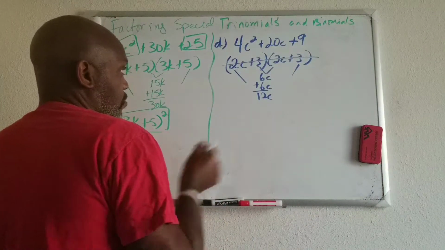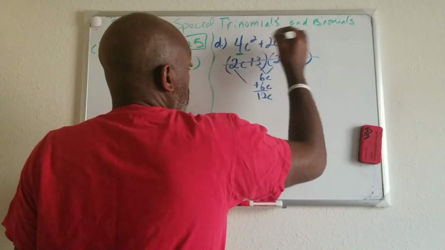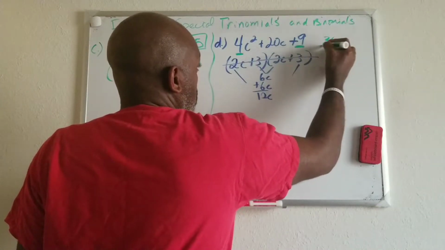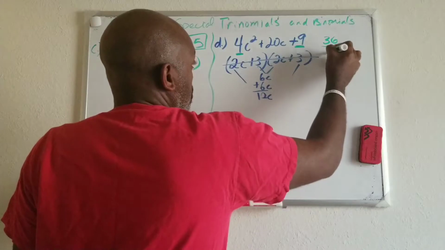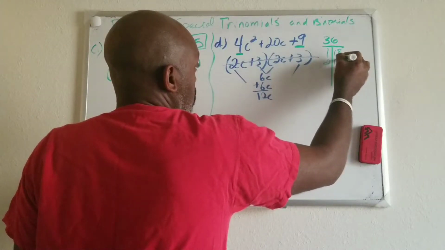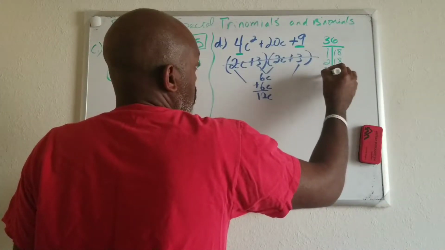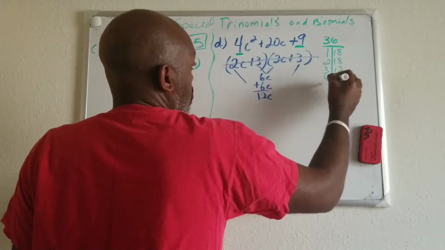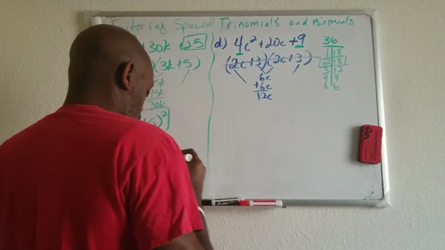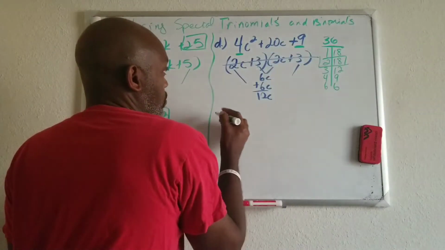We would have to take the first and last term. We got 9 times 4, 36. Then we take the factors of 36 that equal 20.